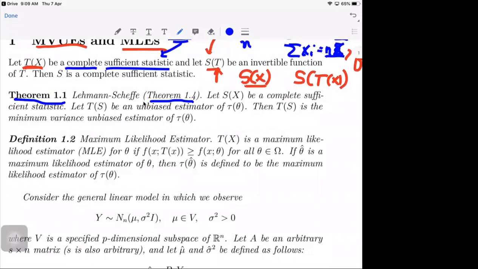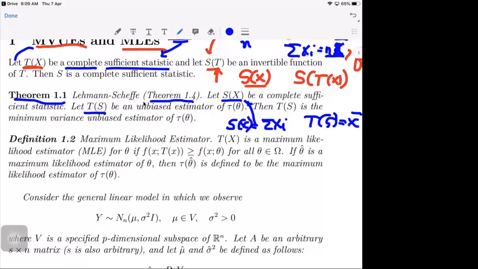This theorem tells us that if S of X, a function of X, is a complete sufficient statistic, and T of S, or if you write T as a function of S, is a transformation on S. Here, S of X will be our summation of xi, and T of S will be our x bar.